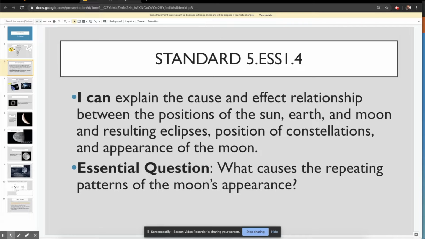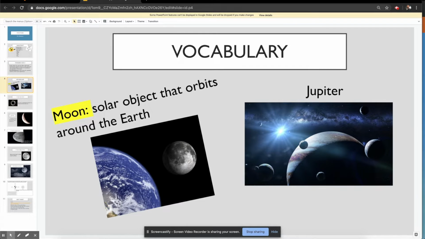So let's take a look at some vocabulary that you're going to see today. Obviously, the biggest vocabulary word here is the term moon. And from our perspective, the moon is a solar object, in other words, an object in the solar system that orbits around the Earth. The word orbit just simply means to travel around, to go around something.